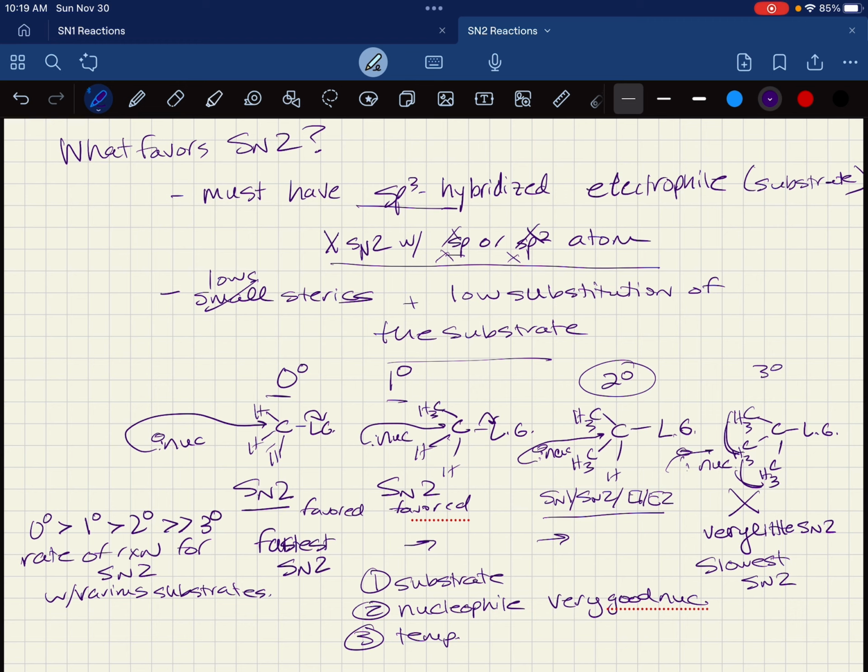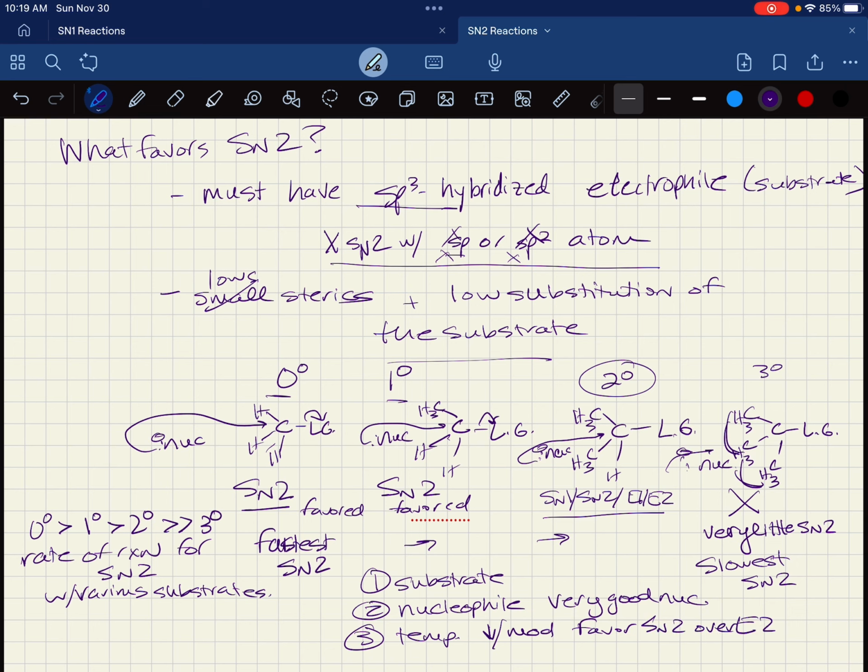In the SN1 video, I go through a little more description of why this is, so if you haven't seen the video on what favors the SN1 mechanism, you might want to go take a look at that one. But basically, low to moderate temperatures favor SN2 over E2.